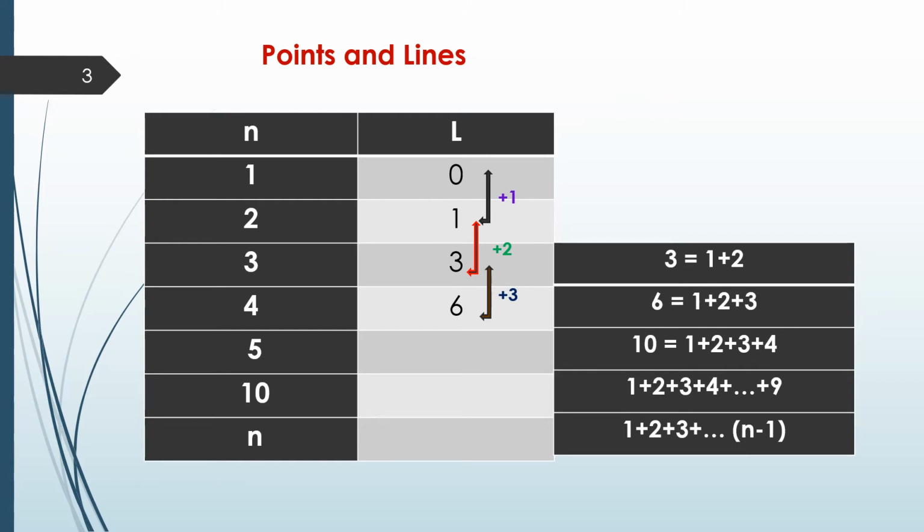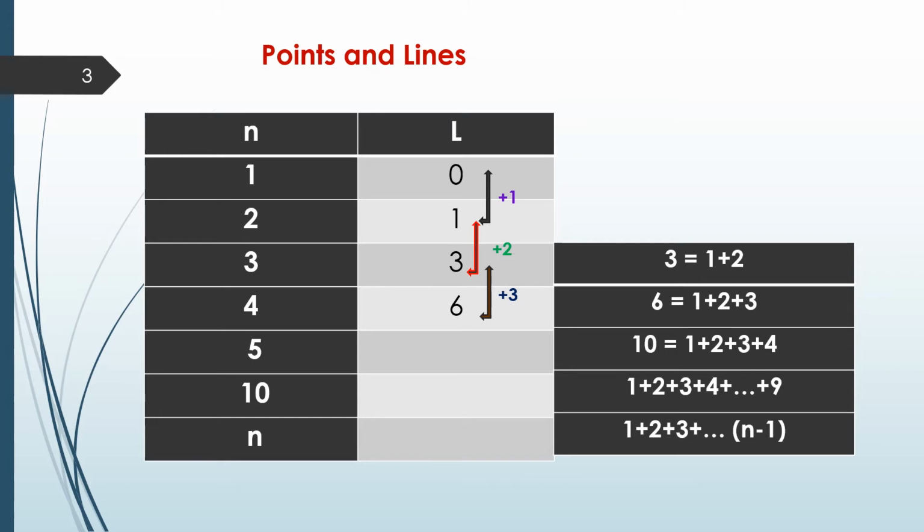So 10 will be 1 plus 2 plus 3 plus 4. So when N is equal to 10, it should be 1 plus 2 plus 3 plus 4 plus up to 9. The sum of 1 to 9 will be the number of lines connecting 10 non-collinear points.